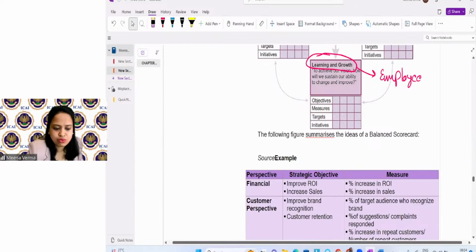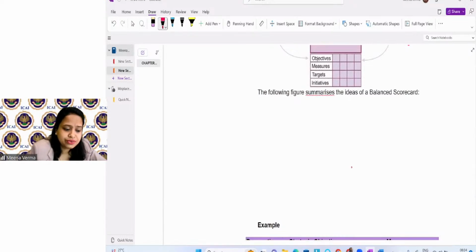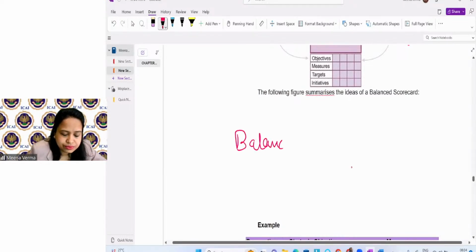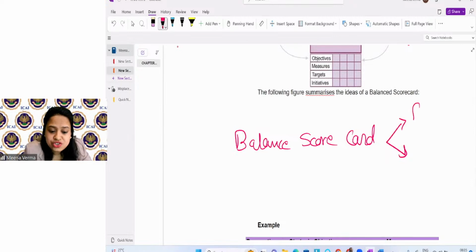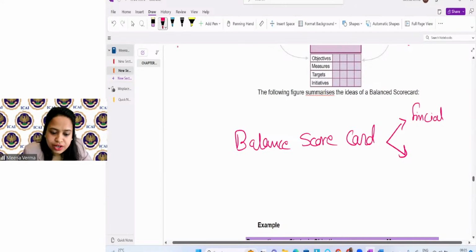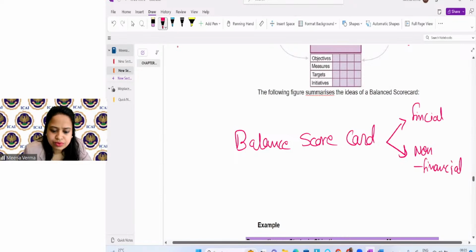With the help of the balanced scorecard, we will try to measure both the financial goals and the non-financial goals of the company.